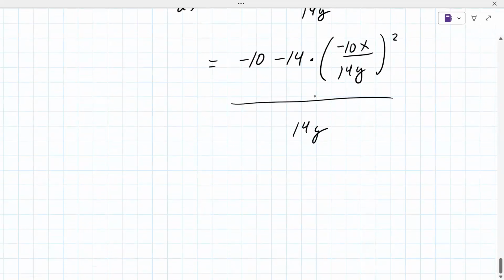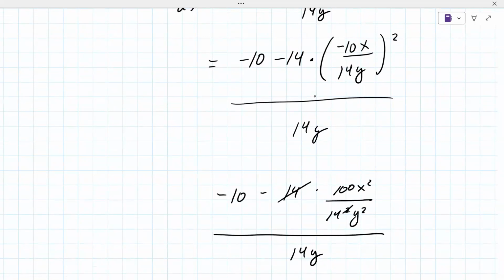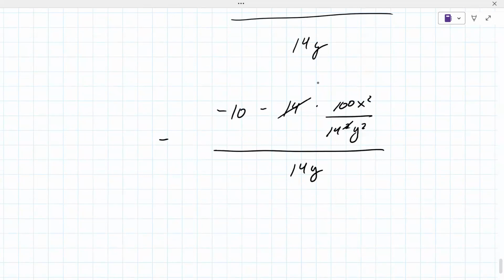Okay. Yeah, so it ends up being minus 10 over 14 times 100x squared over 14 squared y squared. So that cancels with that, all over 14y. And so you can actually end up multiplying top and bottom by 1 over 14y.